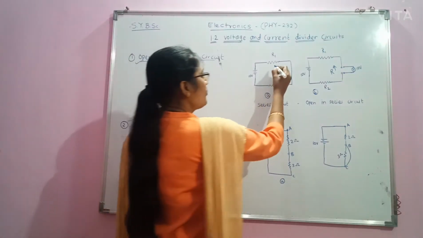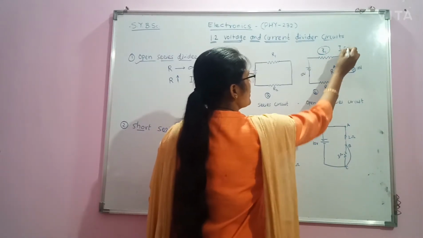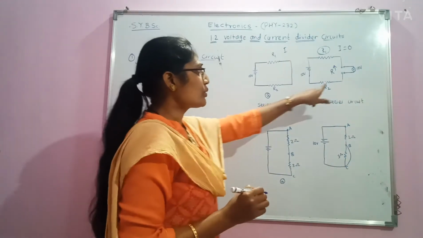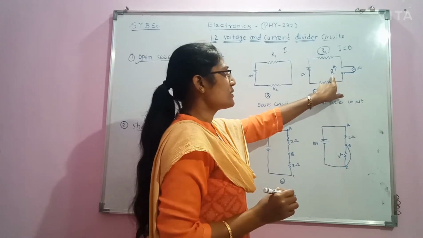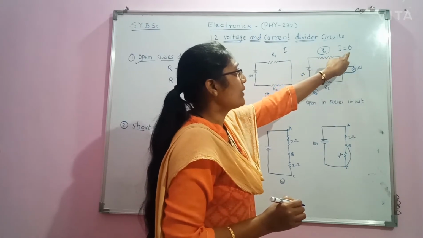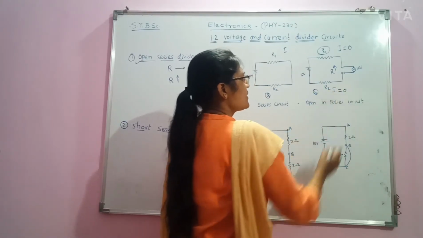Therefore the current flowing through R1 will be equal to 0. Suppose I is the current flowing through the circuit; because of this open terminal the resistance increases infinitesimally and I becomes 0, and here also I becomes 0.